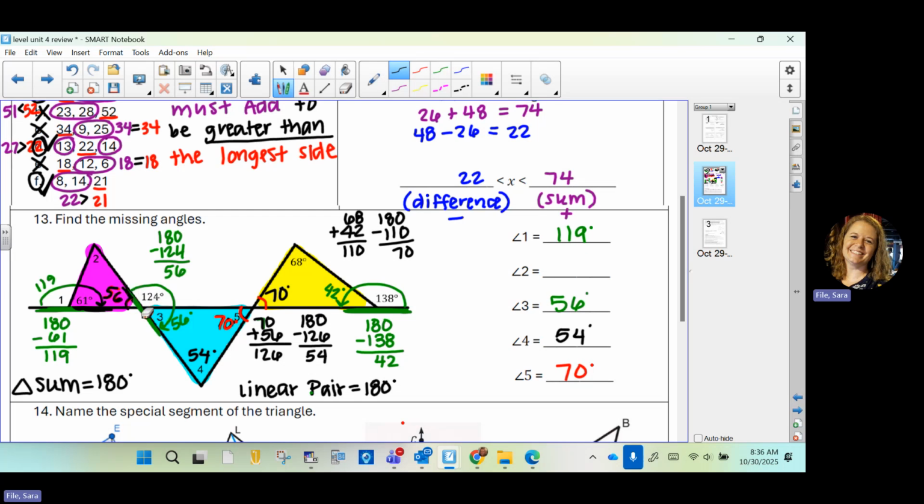Because these are vertical. I guess I better put 2 arcs because I put 1 over here. So this is 56 and 61. So I can find angle 2 using the triangle sum theorem. If I add 61 and 56, I've used 117 degrees.